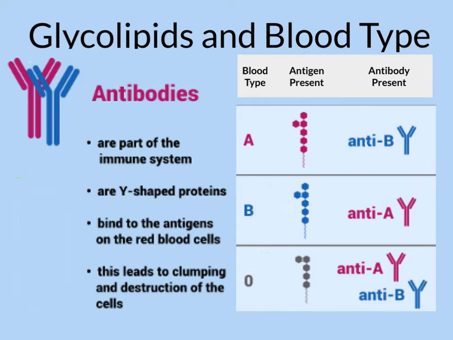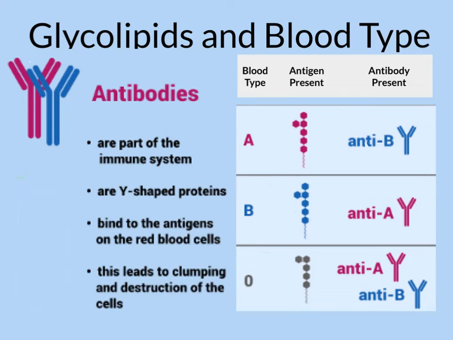Our body has something called an antibody, which is designed to attack anything that is foreign, things that it doesn't recognize. And this model for the blood type is going to look at these specific antibodies for things that attack the wrong blood type. So antibodies are part of our immune system. These happen to be Y-shaped proteins, so I'm drawing them as a Y. And then they're going to bind to any antigen, that's anything that does not match it, on the red blood cells.